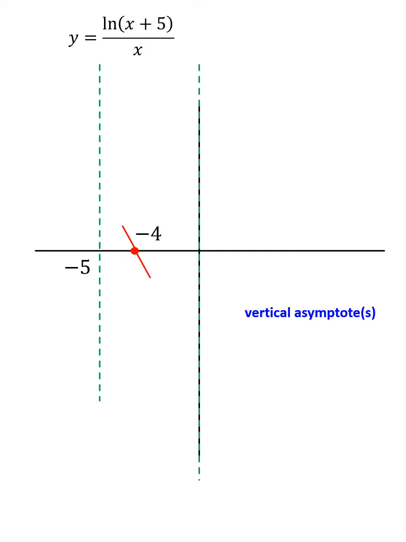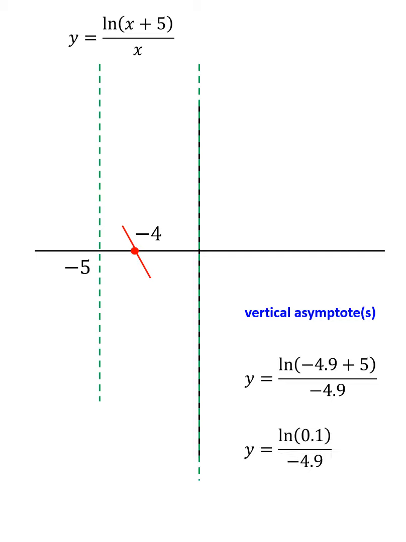Now let's consider something slightly to the right of negative 5, say negative 4.9. If x is negative 4.9, let's work out this quantity. I've worked out the logarithm argument. Now, I'm not interested in what this quantity is numerically.